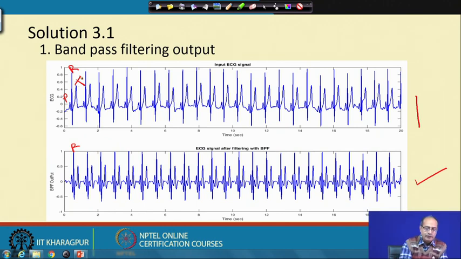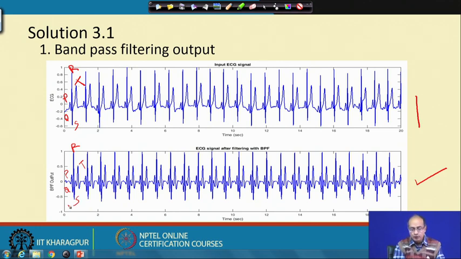Now, after doing the band pass filtering, we see the difference has increased. P has got completely subdued. However, of the other two, Q has become more prominent, that is, away from the 0 line, I would say, and S has also become prominent.